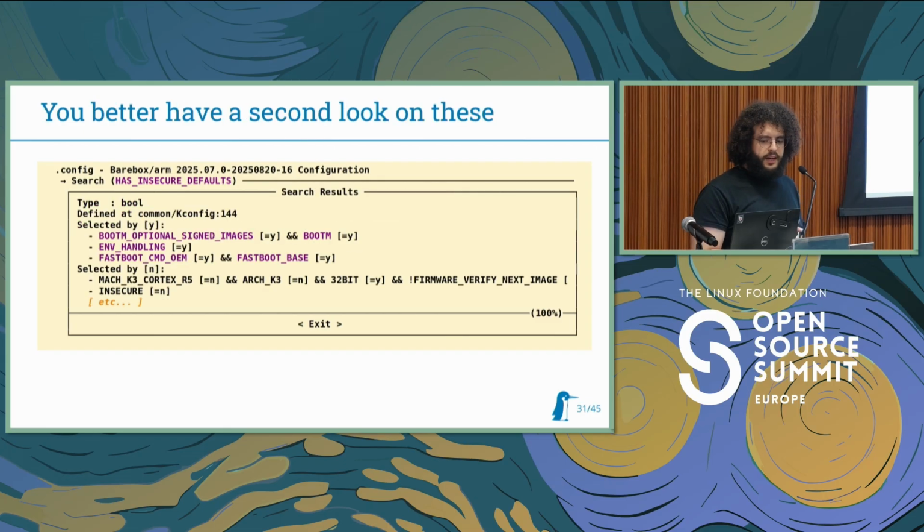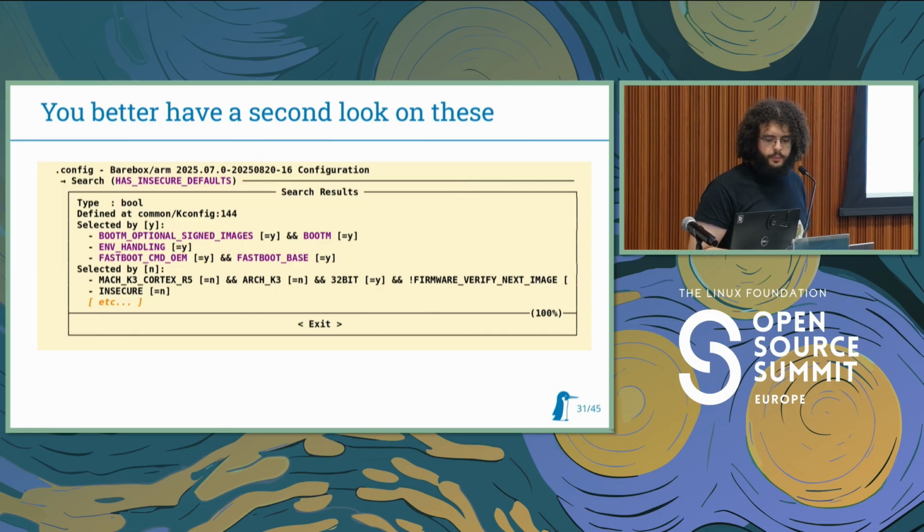And a lot of stuff is not fully black and white. So, for example, being able to execute commands over fastboot. This is very useful during development or in the factory, but it's probably not something you want in a device in the field, unless you verify a token. You could have a USB token, which unlocks the developer mode. Then it's okay. But that's something you as a developer or integrator or vendor of this product need to ensure.